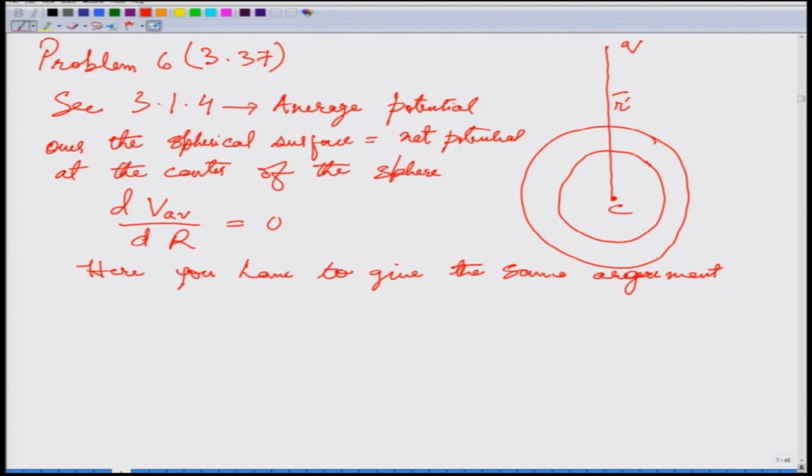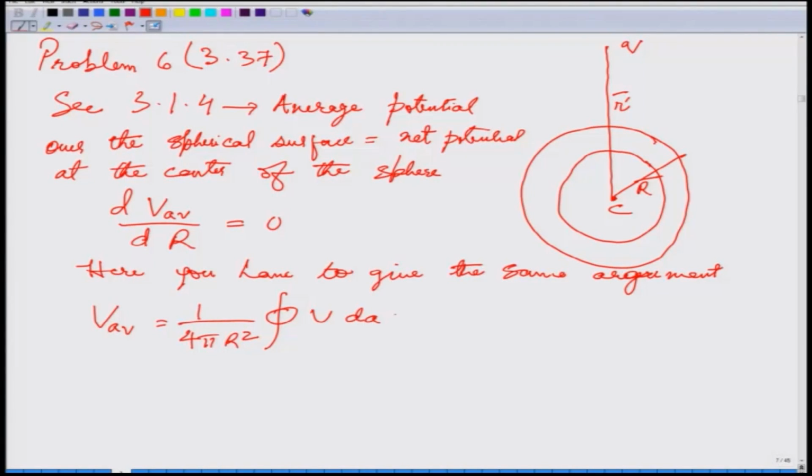Now let's see. V average over the spherical surface of radius r is nothing but a closed integral V dA.